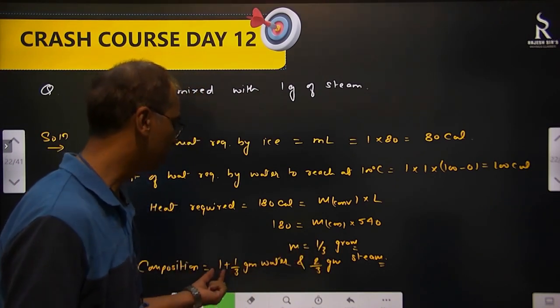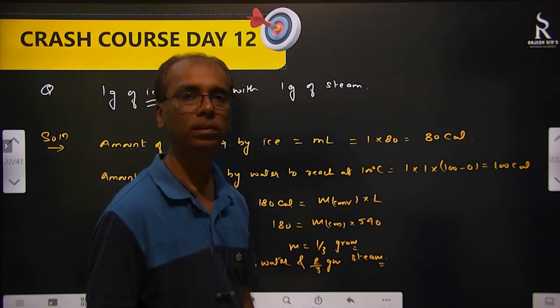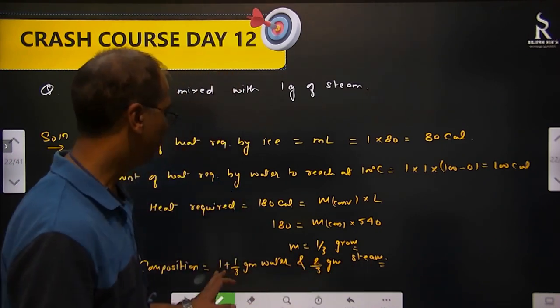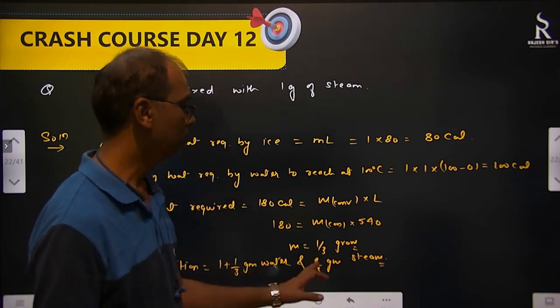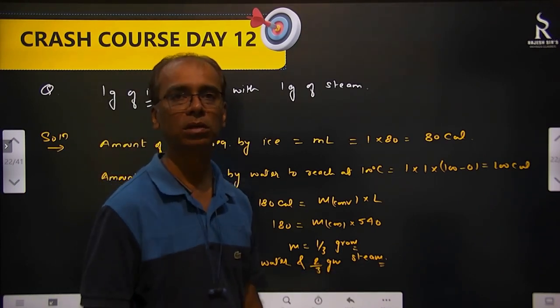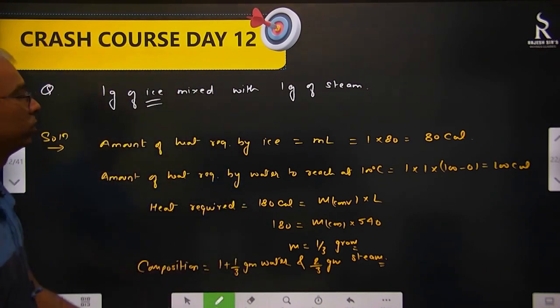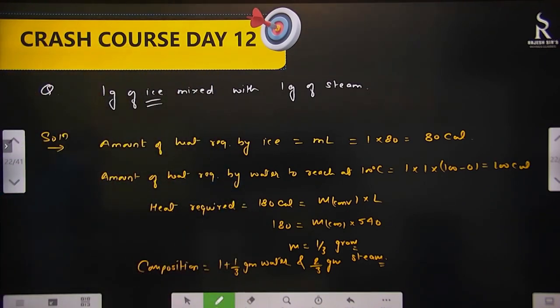So what is water now? 1 plus 1 by 3. And how much is steam? 2 by 3. Okay, so 1.33 gram of water and 0.66 gram of steam is there in the mixture, the composition. Okay, this is how we should be solving these mixture questions.